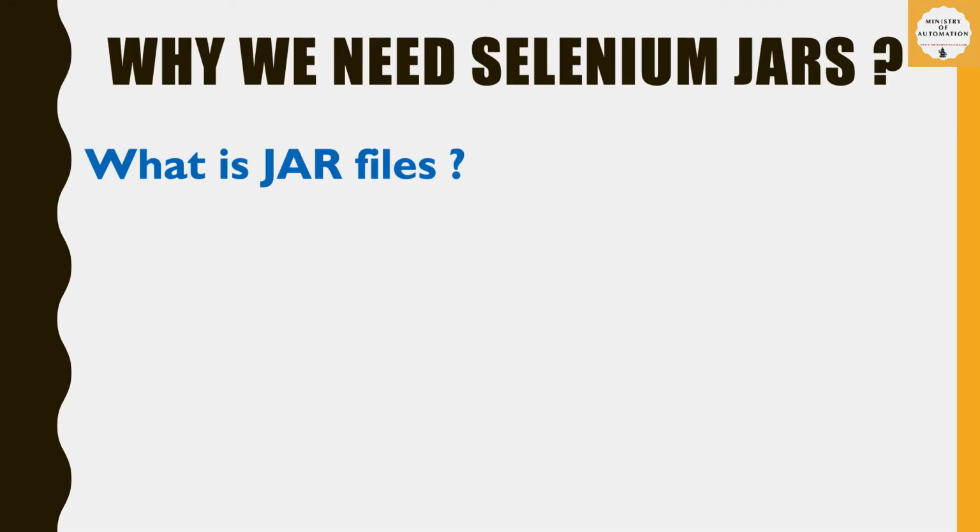So first of all, what is jar files? Jar files in a simple language, guys, it's compressed Java files. Okay, so let's take an example: if you want to share a couple of images or photos with someone else over an email, you go to an email, you attach those JPG files, PNG files directly. But let's say you have hundreds of photos to be shared with your friend over an email, what are you gonna do?